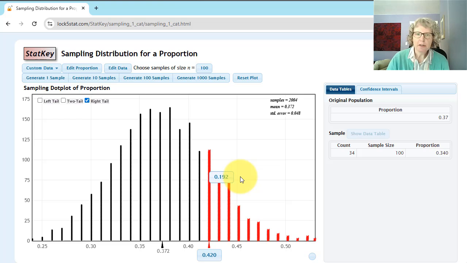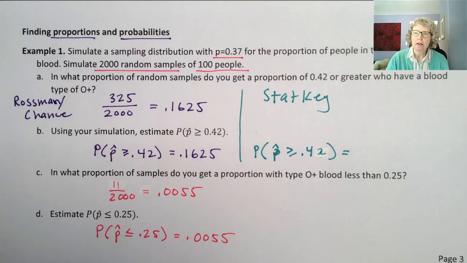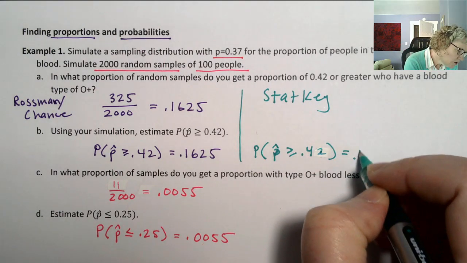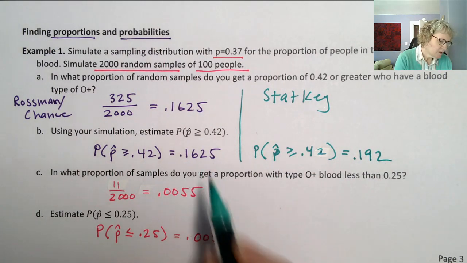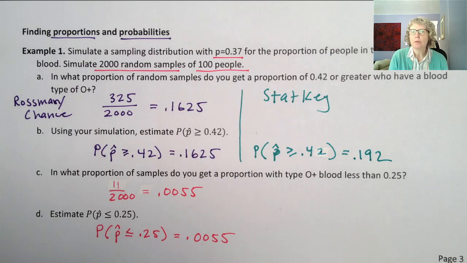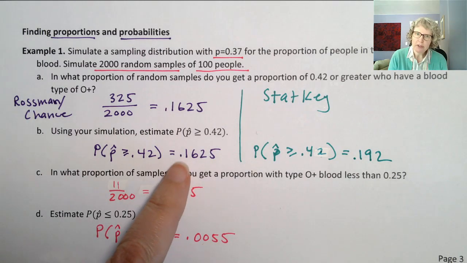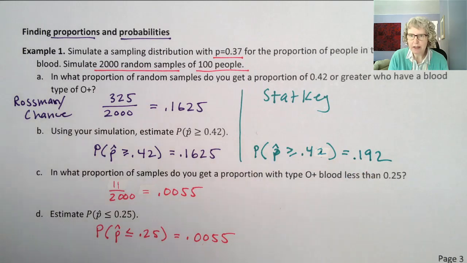A little bit different from what we got before, 0.1625. But remember, these are both simulations, so if we reran either one, we'd likely get a different value.